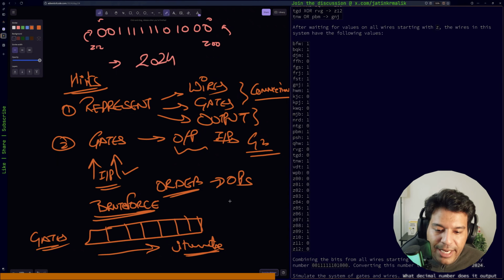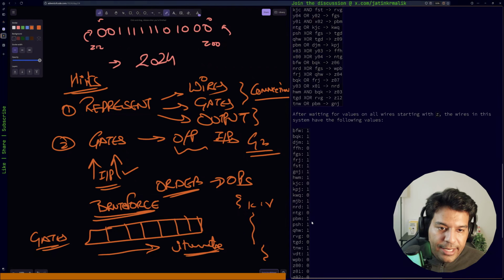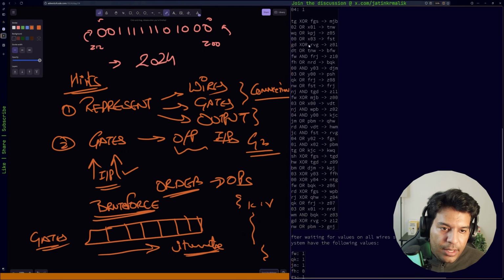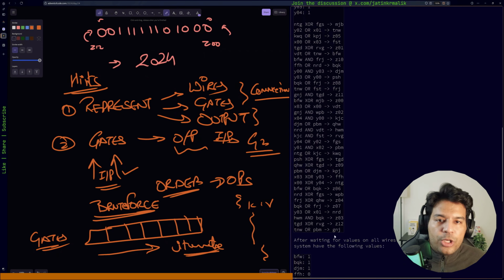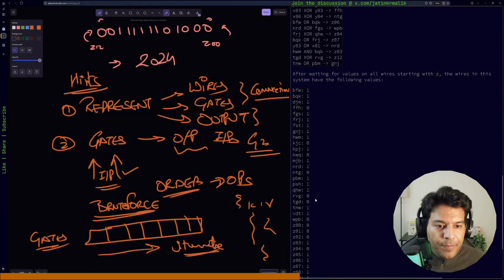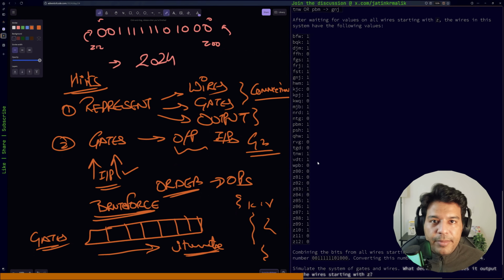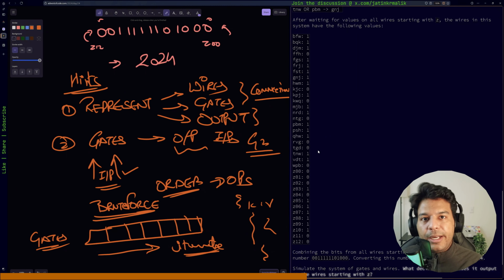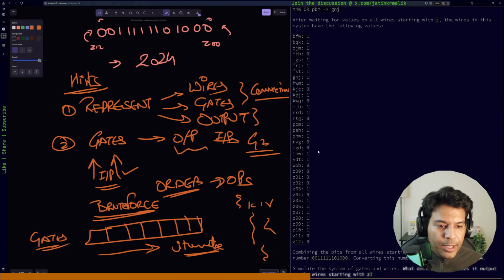You maintain a dictionary of all these key value pairs, where all of the wires that you see here on the right side should have some value. Once you have that, you parse out all the z values from it. Then you calculate your answer by constructing from least significant bit to most significant bit and converting it into a decimal. I think that should definitely work.